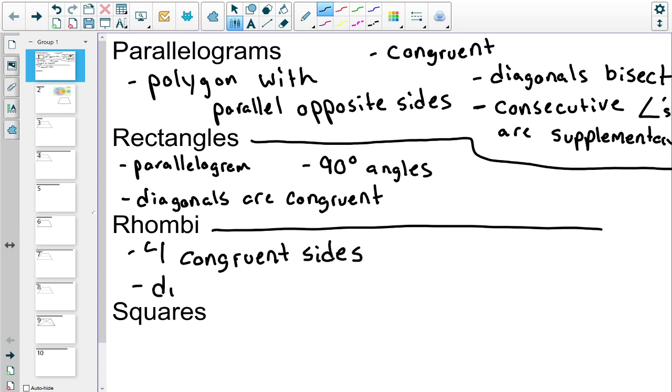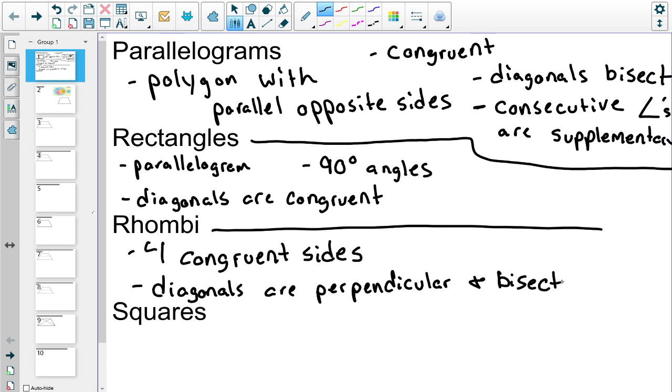And their diagonals are perpendicular and bisect their interior angles. So let's remember that not only do the diagonals of a rhombus cross at a 90-degree angle because they are perpendicular, they also bisect the interior angles.